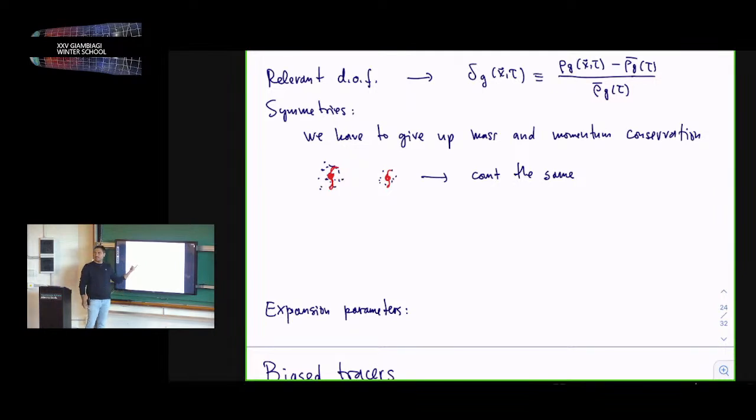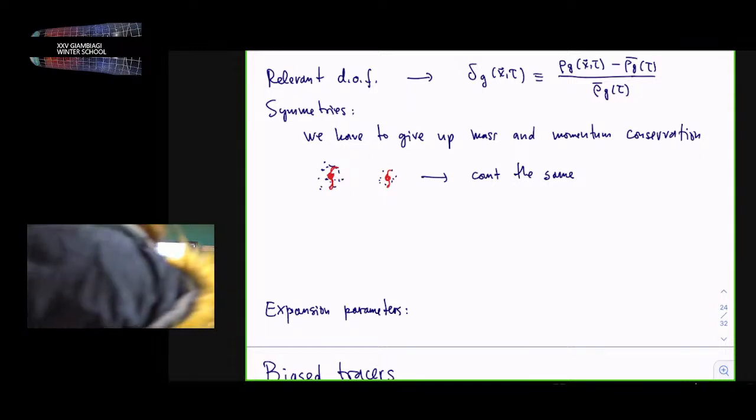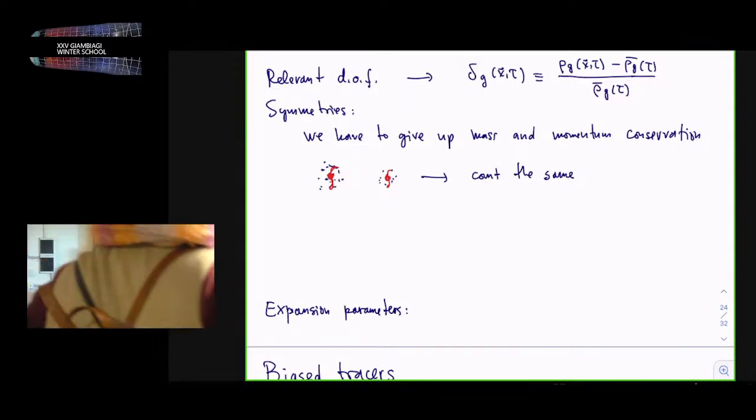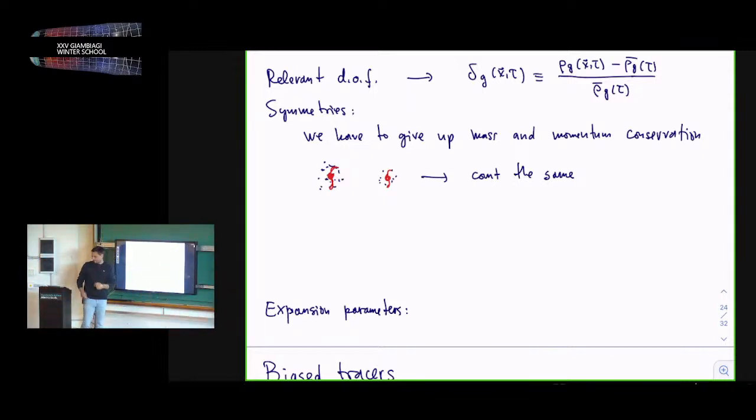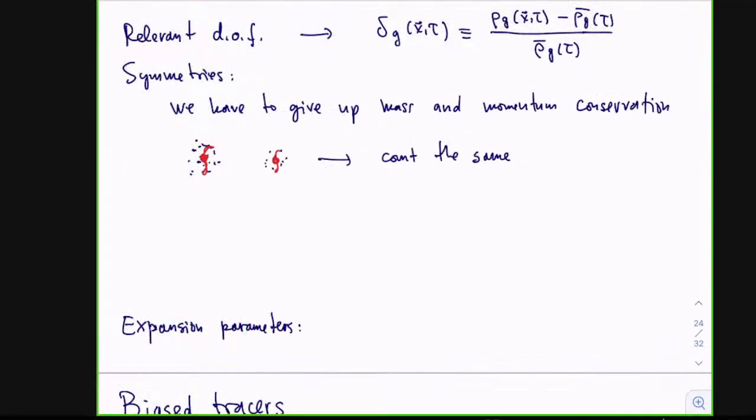Is it clear in what sense the way we observe things and make this map effectively violates mass and momentum conservation? Because we just don't know the mass. We count everybody to be the same, like 1. Okay. So this is one important thing that we have to give up.